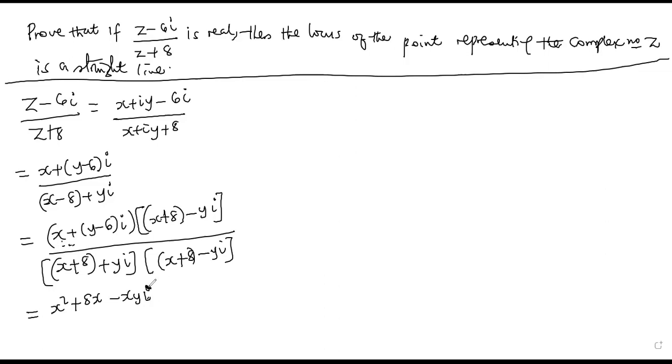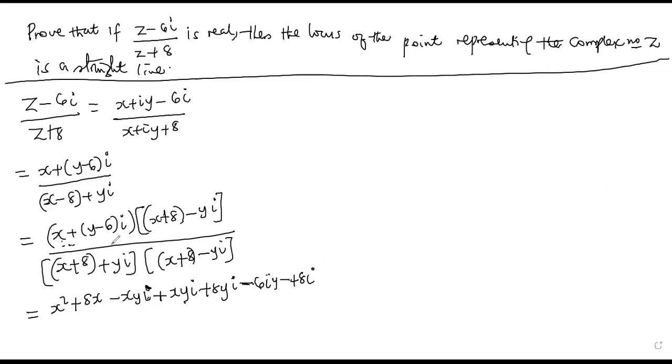Then now we come to this, remember we have this i, so it will be plus xyi, then plus 8yi, then this times this, minus 6iy, then this times this, it will be minus 48i.